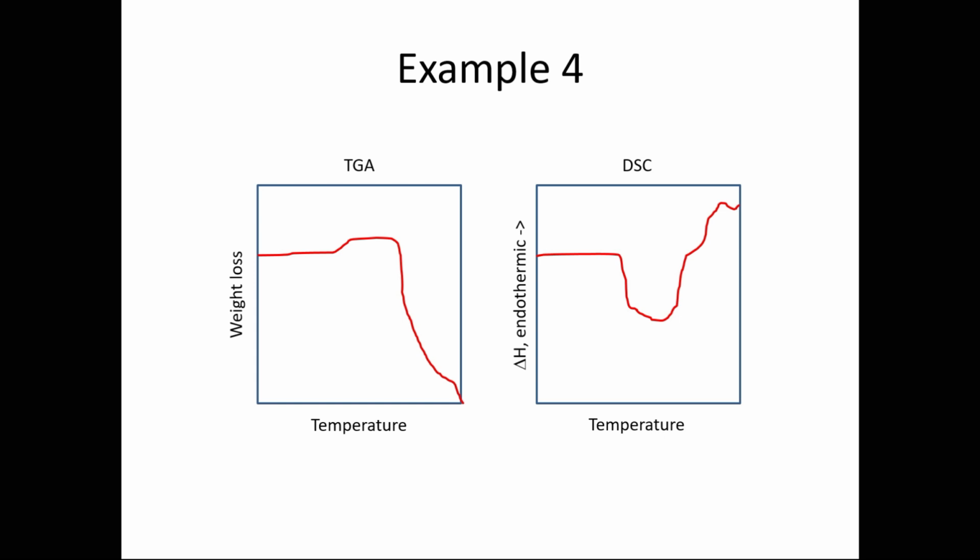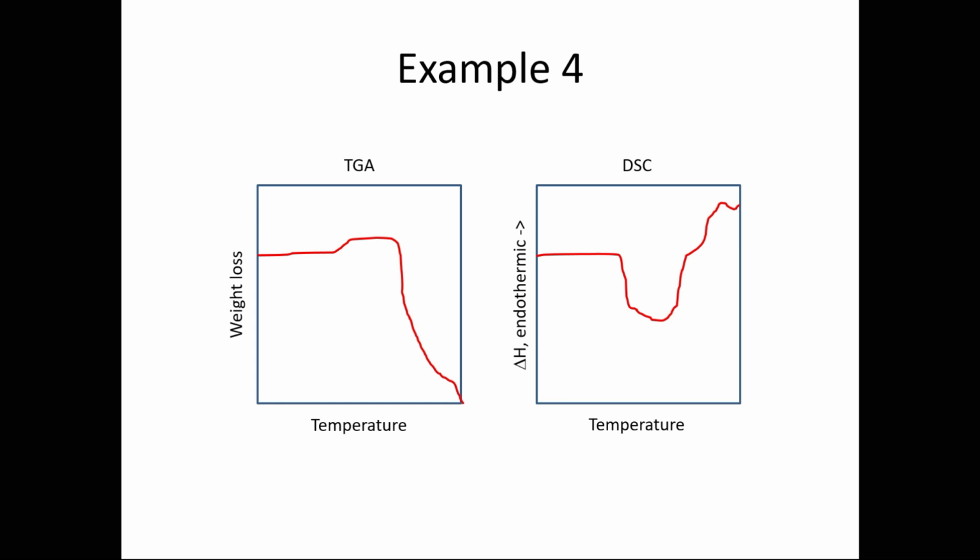Next example. In this example, we could see that the TGA shows us a bit of stability initially, but then the mass of the sample goes upwards, which means that the weight is not lost in this case, but it is gained.